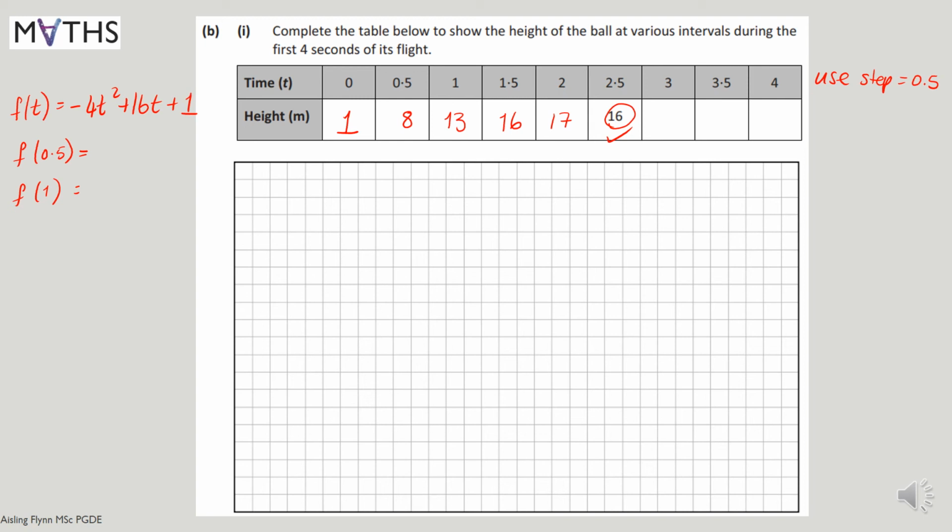Do you get a value of 16 there, 13, 8 and 1. And you've all the space if you needed to work out, but you don't need to use that space if you don't need it. So there's our results, and I think we'll need those for the next stage.